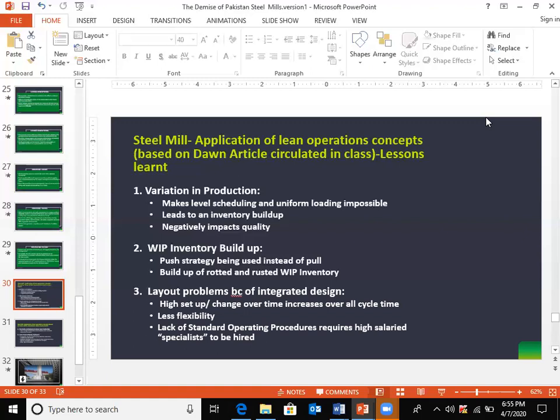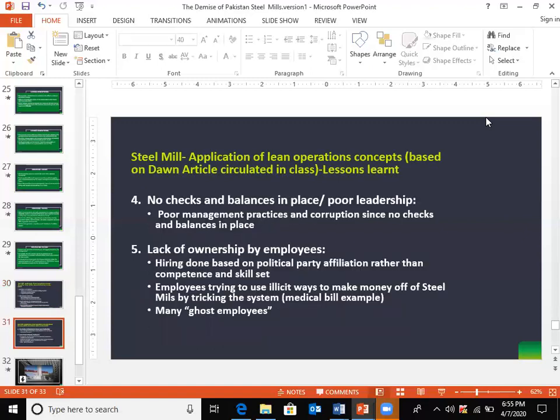It would also be easier to measure and standardize performance so that good performance could be sustained over a longer period of time. Because there were no standard operating procedures, very highly salaried specialists needed to be hired, and this also increased the overall cost to the steel mill.